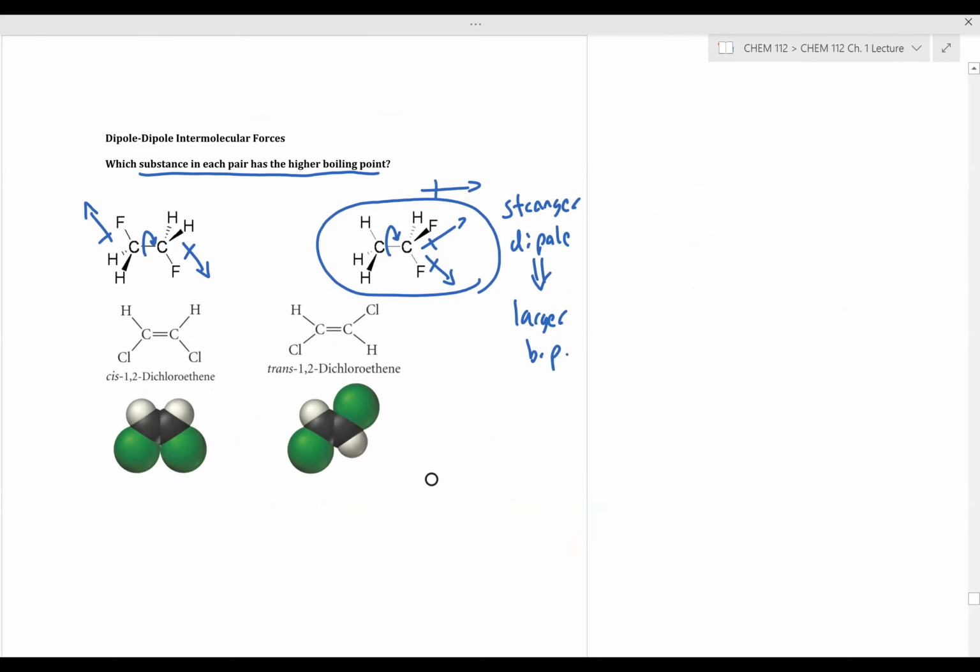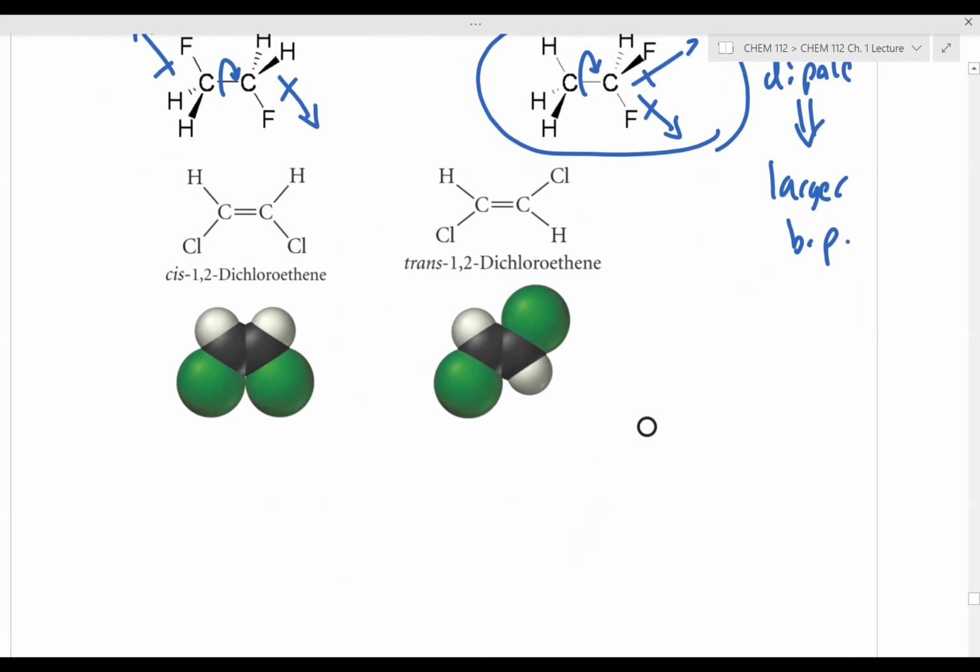Okay, let's look at this next example. We've already established in our previous work analyzing molecular polarity which of these two stereoisomers, which of these two molecules with the same connectivity but different shapes, is polar. Which one of these two is polar? The one on the left. The cis isomer is polar. It has a net molecular dipole.